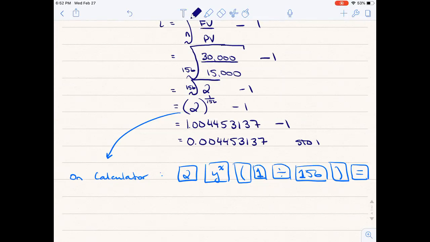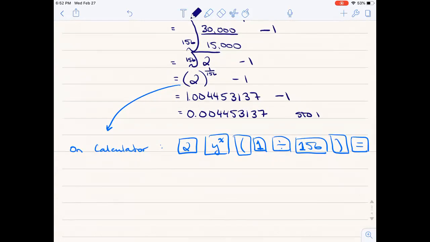If you just have this value, 1.004, that means that every month you have a rate of 100.445%. That would be really good, but it won't happen. So this is more reasonable to get every month because it's the periodic interest rate. That's why it's going to make a huge difference in your calculations if you're making 0.4% or 100.4%. So you have to subtract that 1.